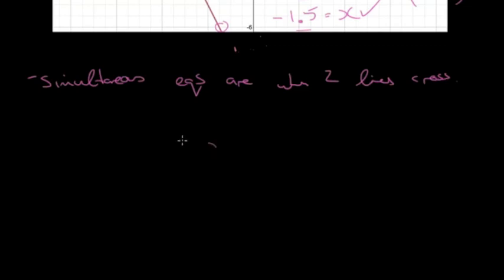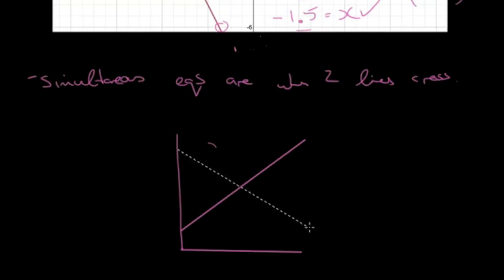Just say we've got two lines, something like this and something like this, and this could be y equals, I don't know, 1.5x plus 3, and this could be y equals negative 1.4x plus 10, or something like that.